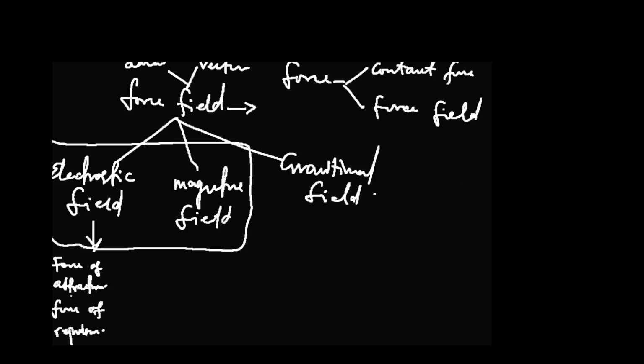The same thing goes for the magnetic field: a region or space where a body experiences the influence of some magnetic force. Here also, there is force of attraction, and there is force of repulsion.